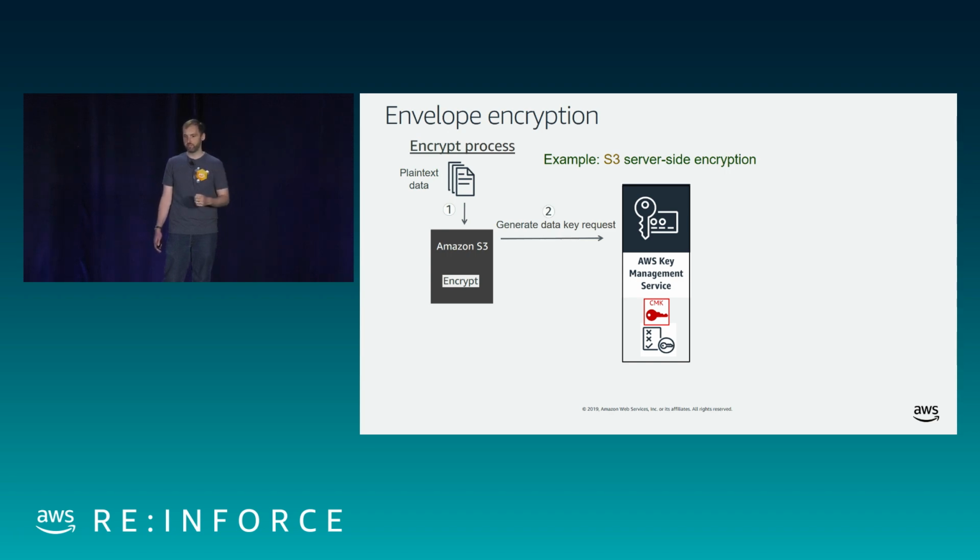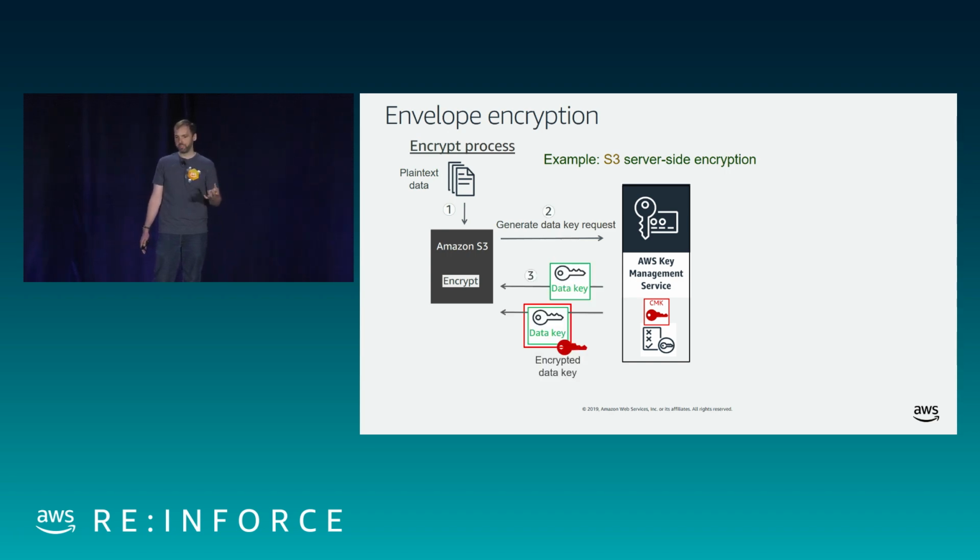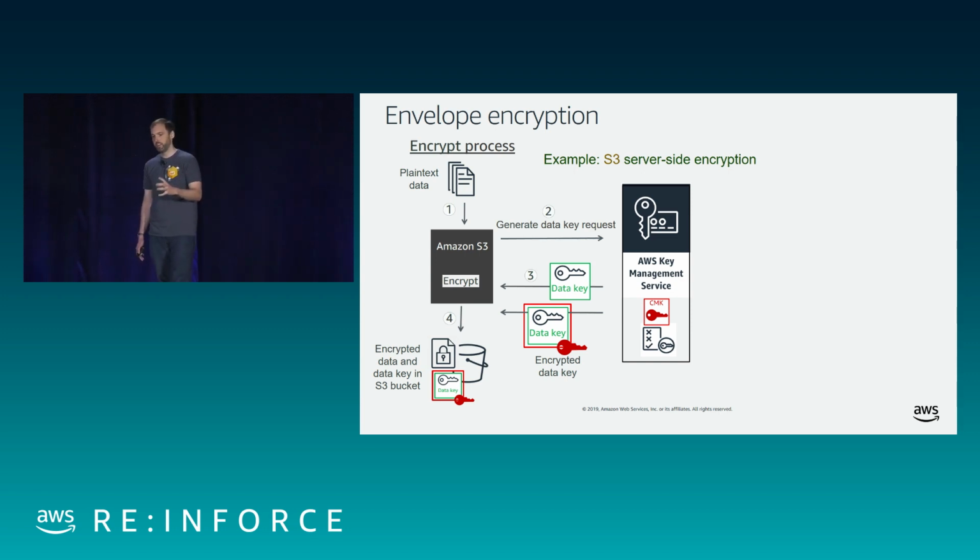That's a service role that you create. Assuming that's all good, it sends back both an encrypted and a plain text copy of the data key. S3 uses the plain text copy of the data key to encrypt the file, then deletes the plain text copy and stores the encrypted copy along with your data.